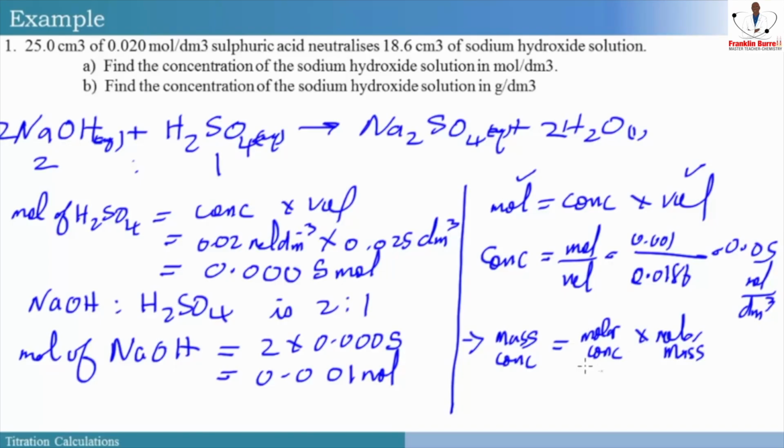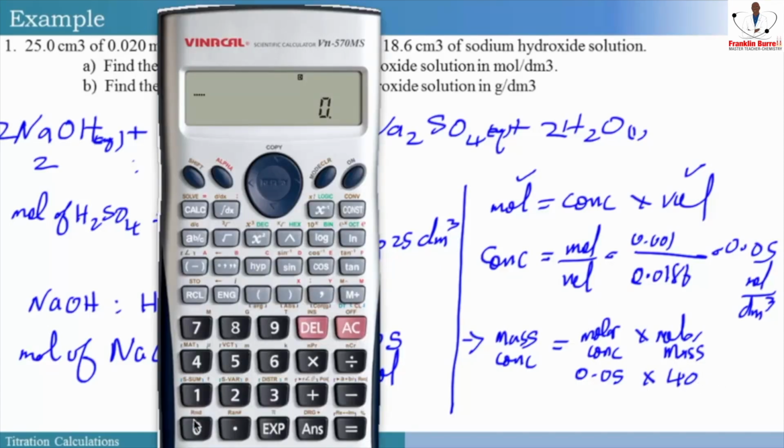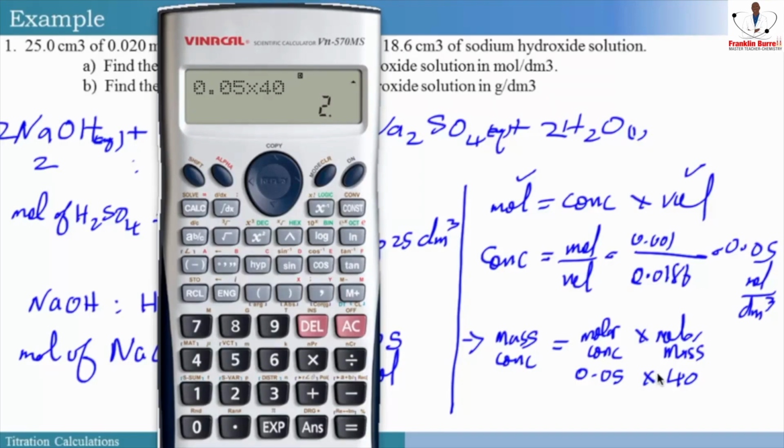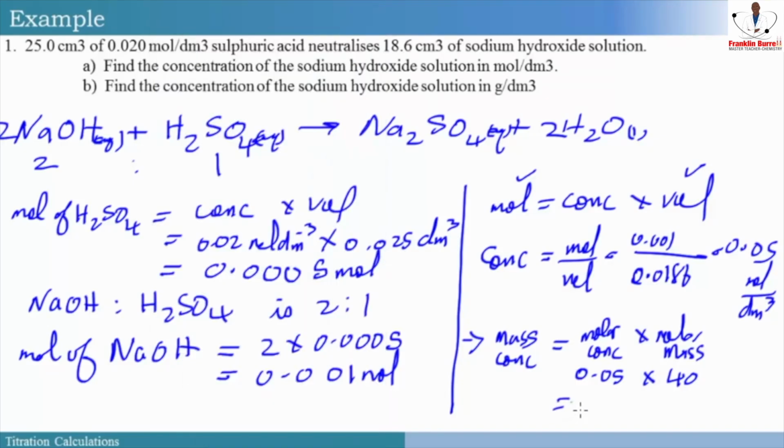And the molar concentration is 0.05 moles per dm cube times the molar mass of 40 grams per mole. So 0.05 times 40 is equal to 2. So here, our mass concentration would be 2 grams per dm cube.